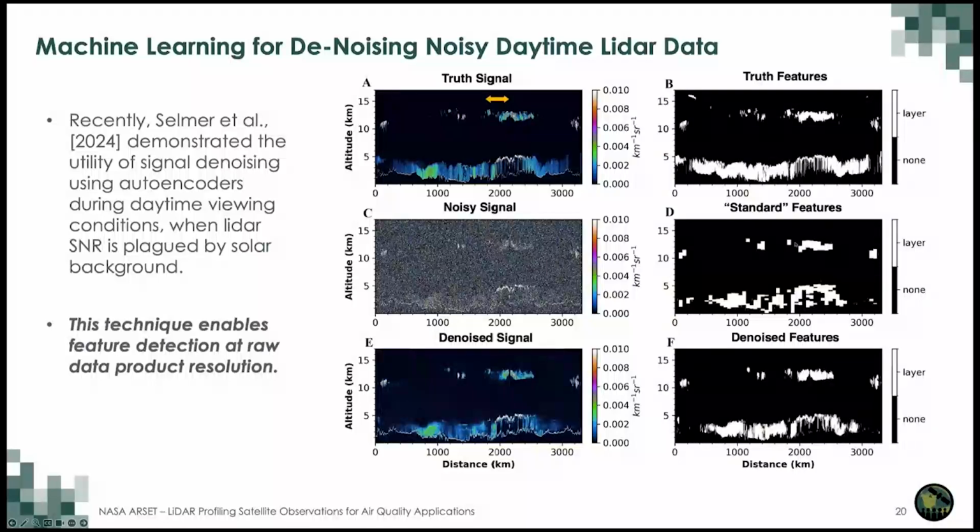When we do the standard feature detection, you can see it's much more blocky. That's the side effect of averaging horizontally to do your feature detection. And then in the bottom column, you can see that the denoised feature detection looks a lot more like the truth. So this is a new capability that will hopefully be applied to past data sets, but also data sets going forward to improve daytime signal to noise and consequently feature detection.